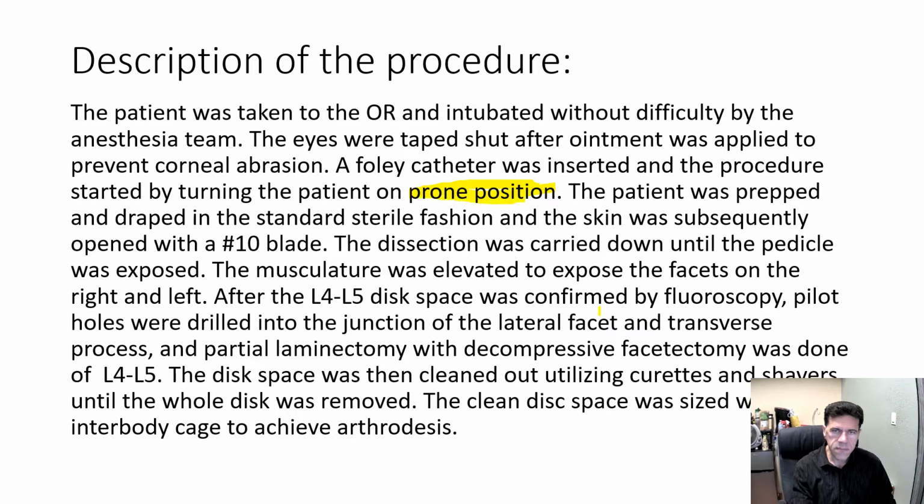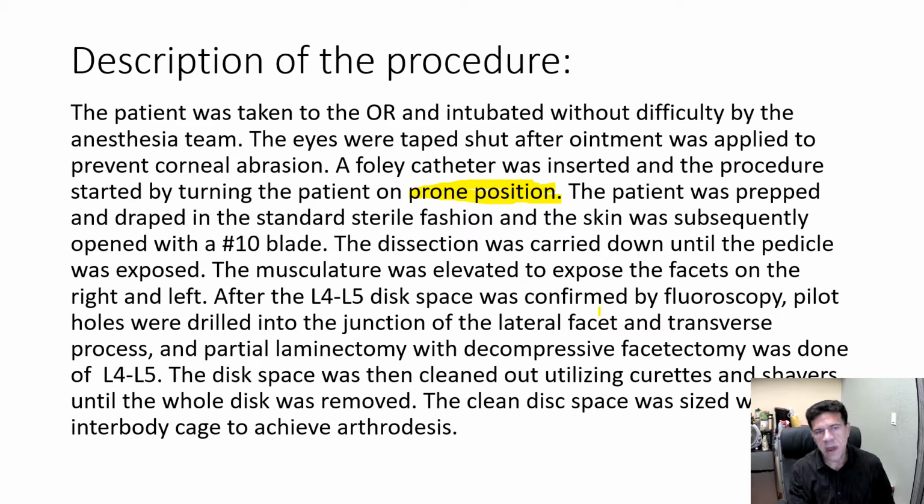Alright, patient is in prone position. This is telling you that the patient is facing down and the approach is going to be from the back. Two things we need to keep in mind: approach and root operation. In this case, the approach is going to be posterior because the patient is in prone position, facing down.